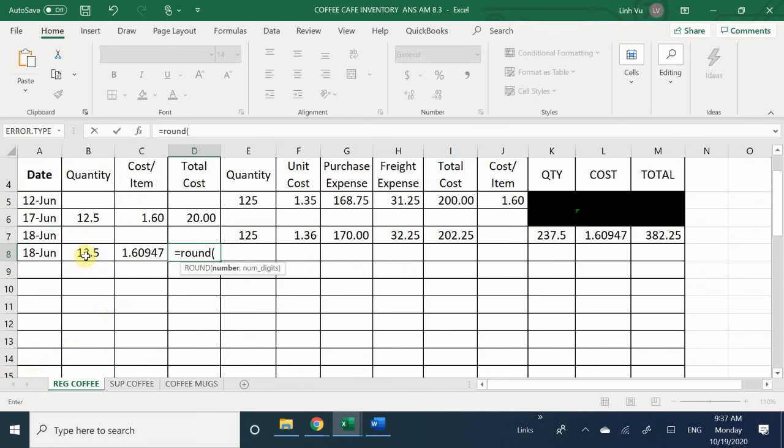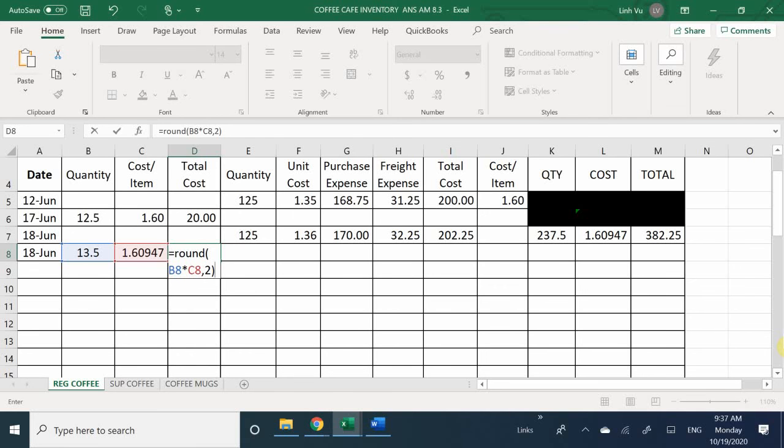That's where if I make the slightest rounding, it's going to throw my numbers off. So here I'm just going to ensure that when I round it, it will round to the nearest penny.